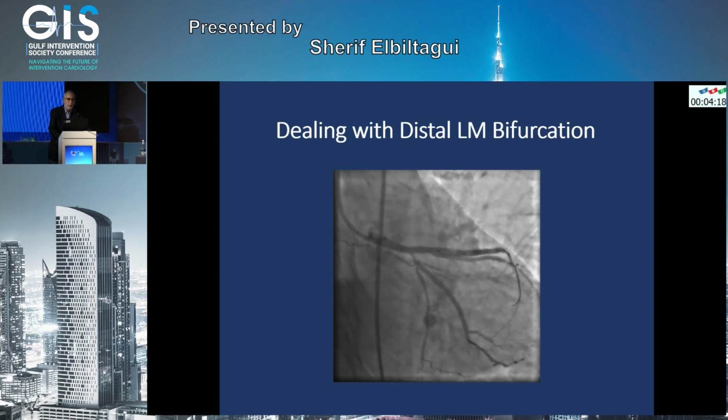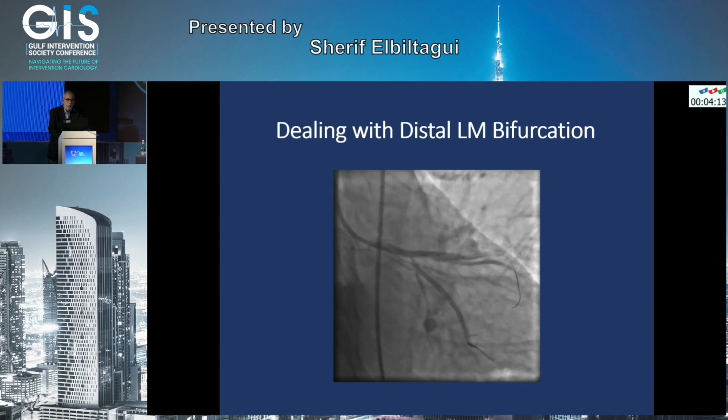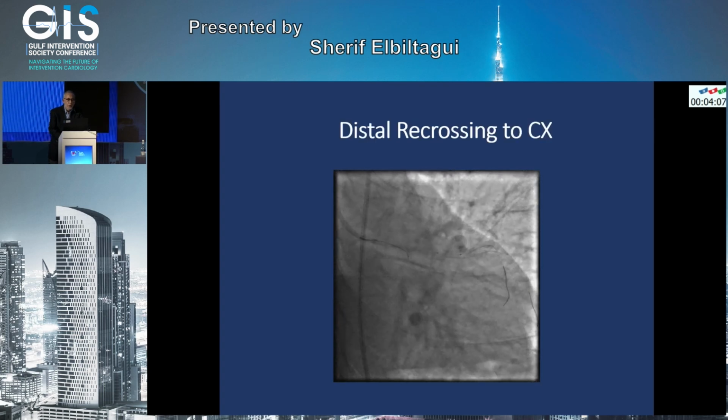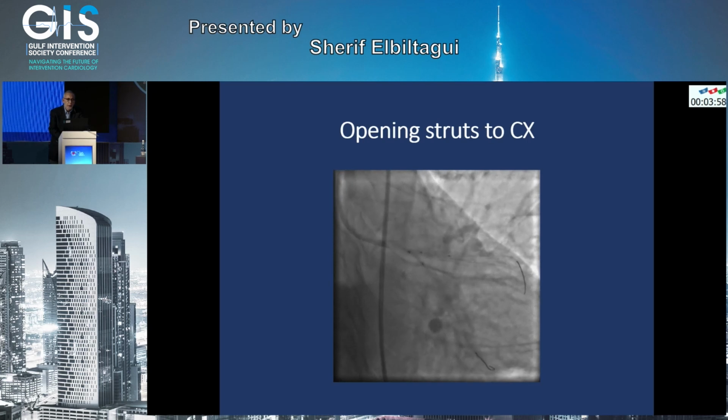And then lastly, I had to deal with the distal left main bifurcation. Here is the POT with the 4.5 balloon. And then recrossing here, because I will do a TAP, this will be, as usual, a distal recrossing.